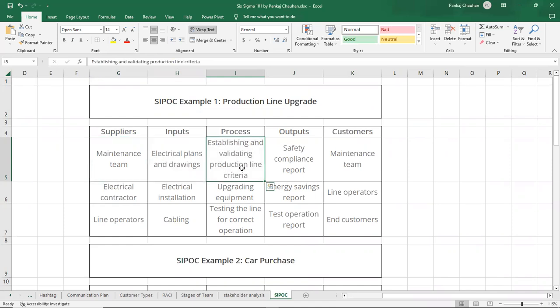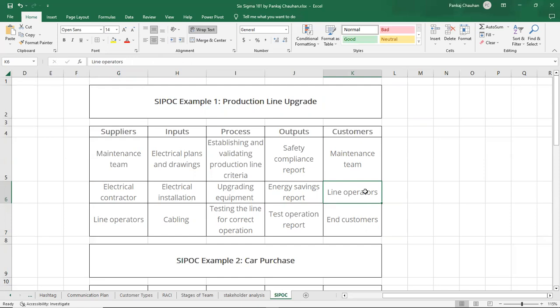When the process is established, you will receive the output as a safety compliance report of the production line, and the maintenance team will be following the safety compliance report. Next step, when you go for upgrading the equipment, you need electrical installation, which will be supplied by the electrical contractor. As an output, you will get an energy saving report, and the line operator will be using this.